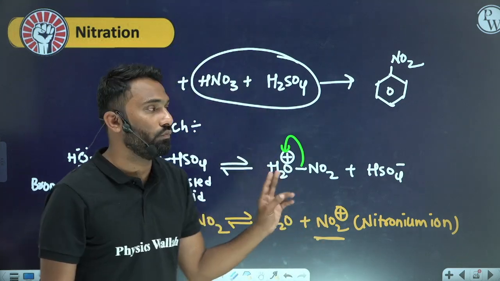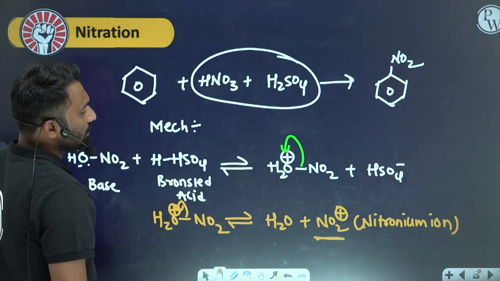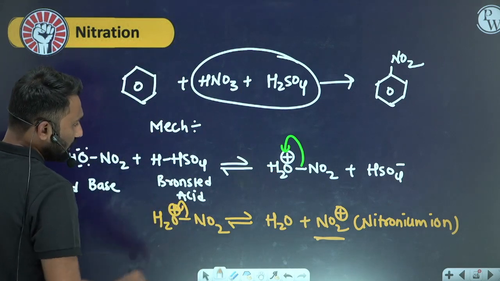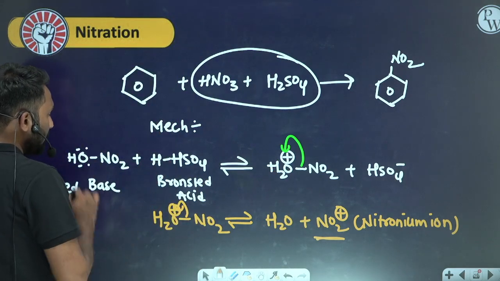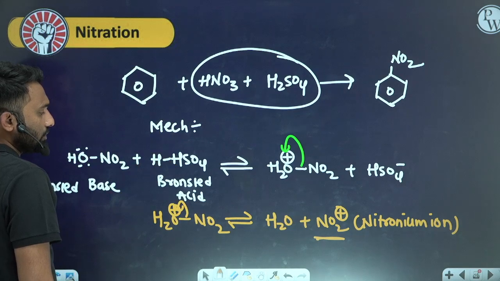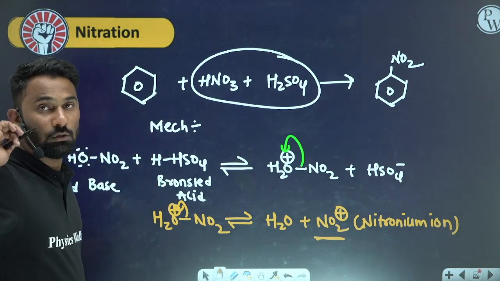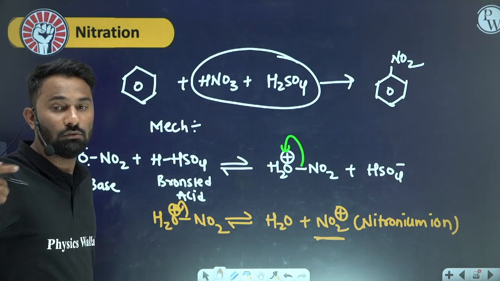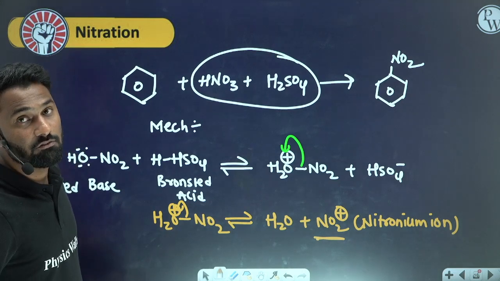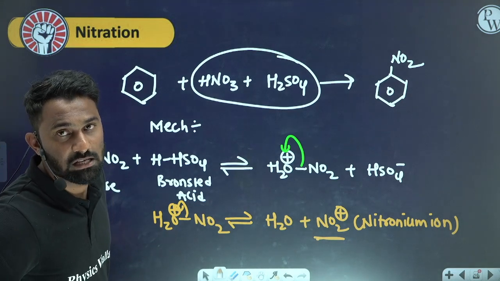First, in the generation of the electrophile, between H2SO4 and HNO3, the one which readily gives the H plus is the acid, and the one which readily accepts the H plus is the base.